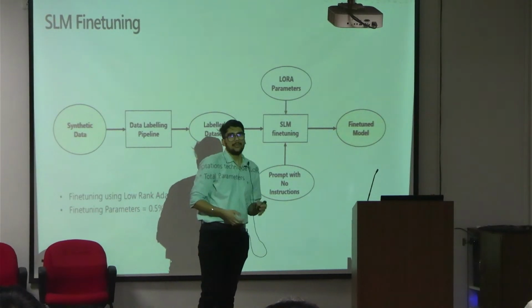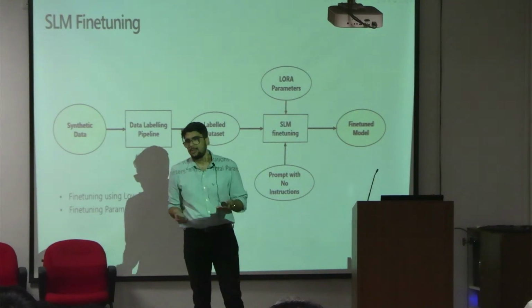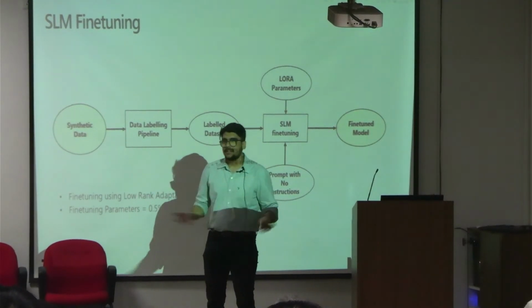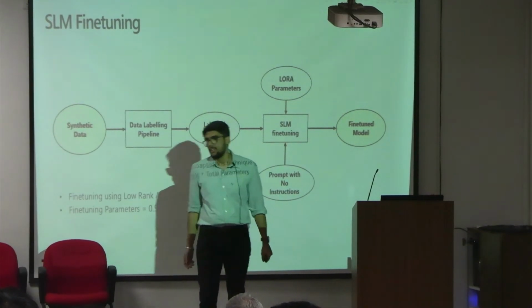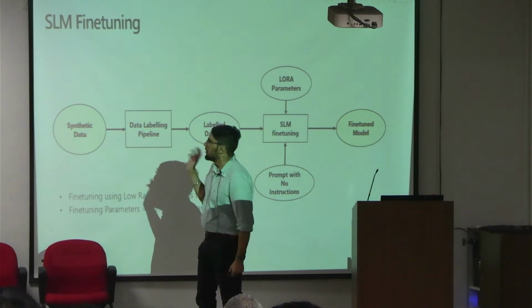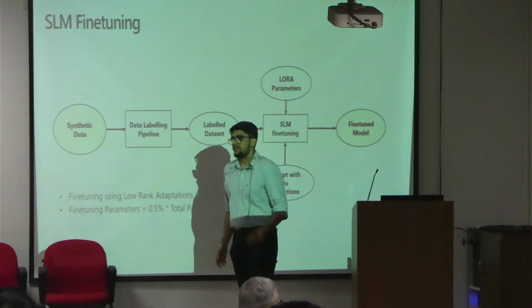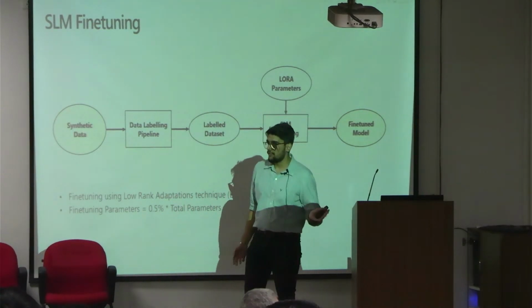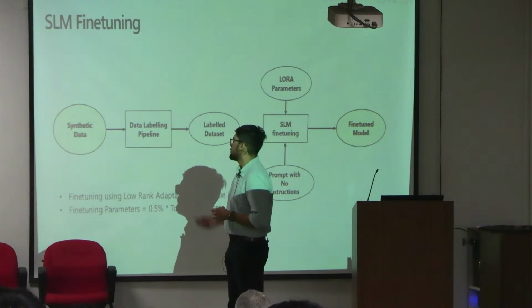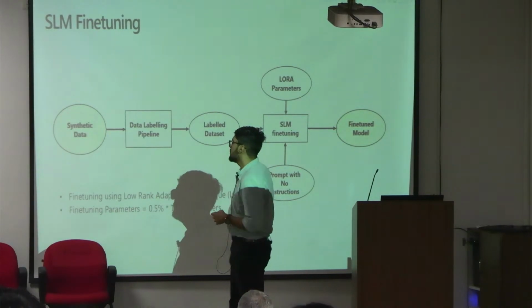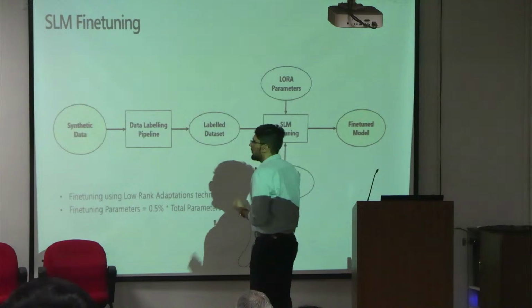So you can compress the prompt into something like 10 tokens: extract task from the input email. That's what the prompt was for the fine-tuned model. However, for the off-the-shelf model, the prompt was pretty huge. So we gave the prompt with no instructions in this one, and then we got the fine-tuned model.